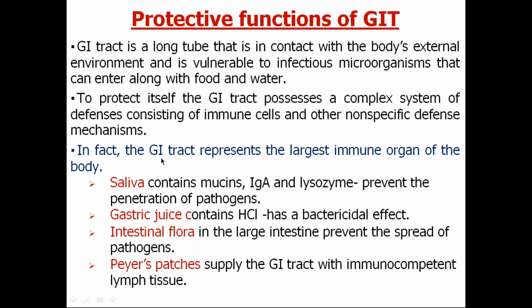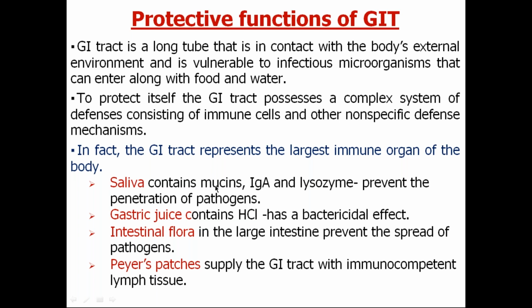In fact, the GIT represents the largest immune organ of the body. So here I have just enumerated a few examples of how the GIT plays a role in protection, or in the immune system.